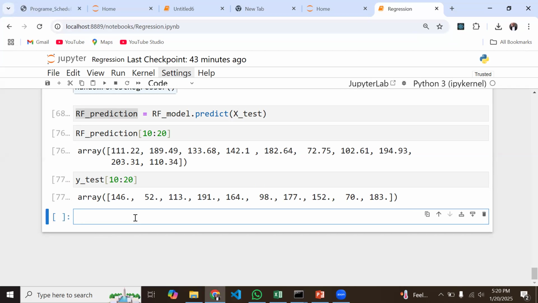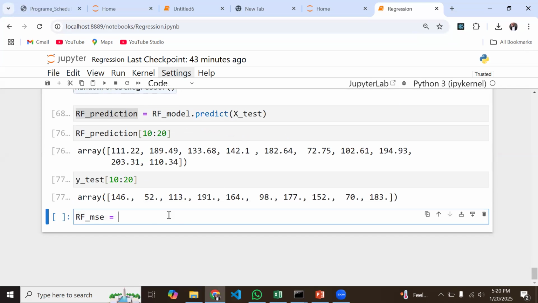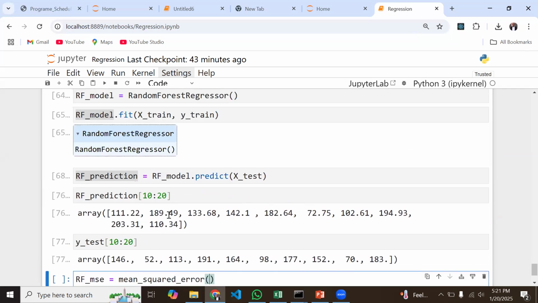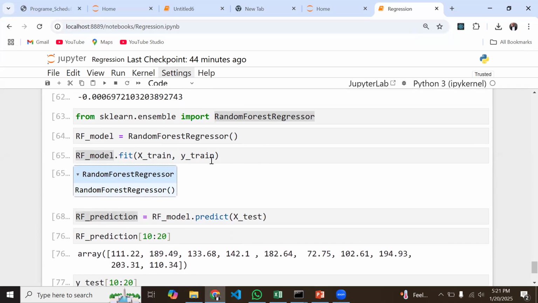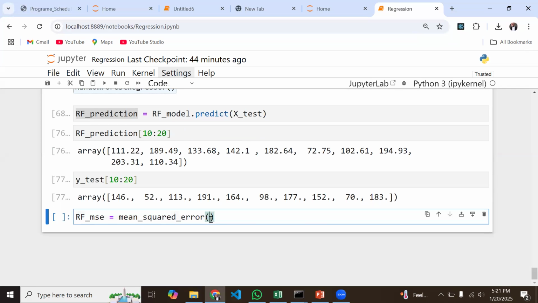So once again, let's do the random forest underscore mean squared error, which is going to be equal to the mean squared error we have over here. And then we pass in these ones, the predicted and the test, the actual.